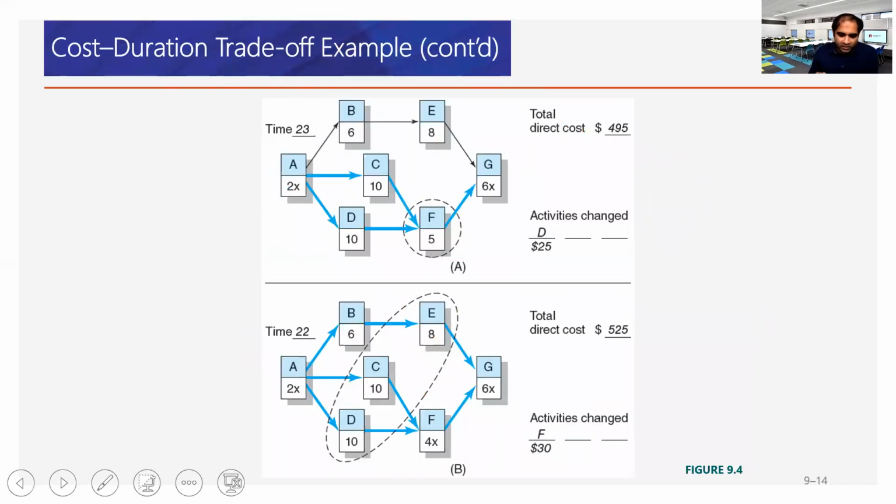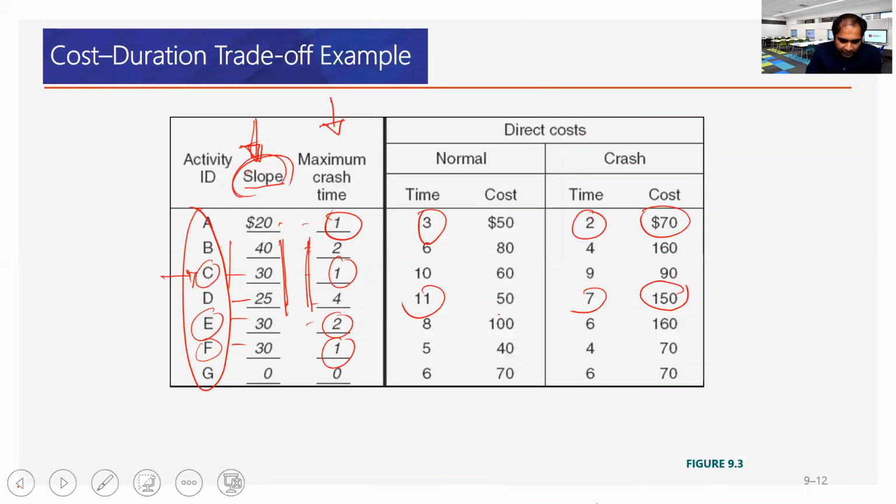Now in the next move, what else? If we crash F, the initial normal duration was 5 days.